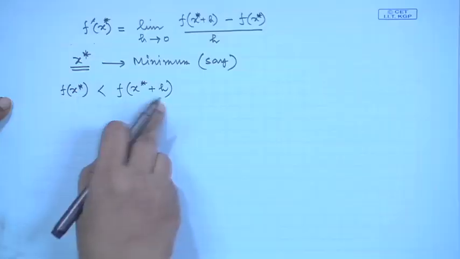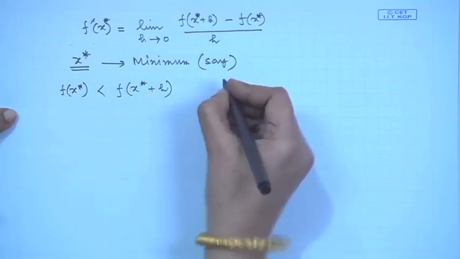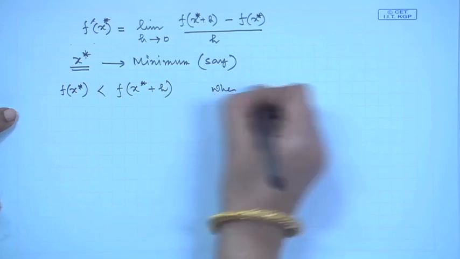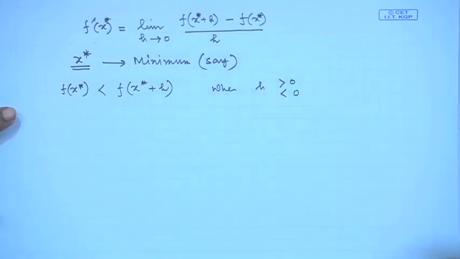That is why we can say that f(x star) is always less than f(x star plus h) when h is greater than 0 or less than 0, then only we can consider the neighborhood. We are considering a function of a single variable. That is why we can consider that there is a neighborhood in the real line, either h on the left hand side or h on the right hand side of x star.